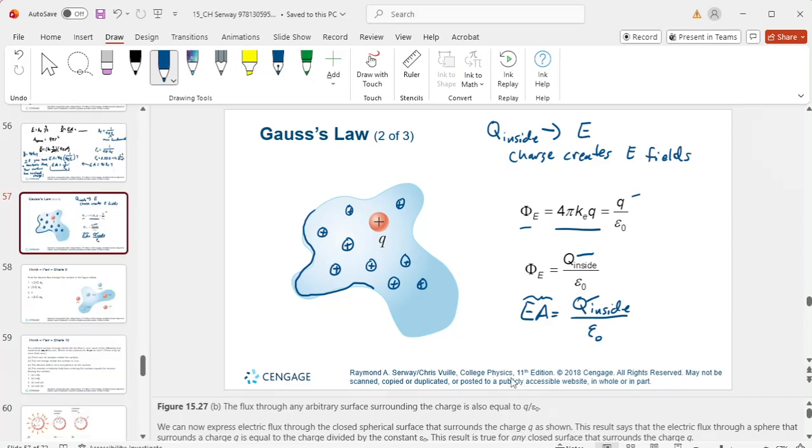So why am I worried about this whole enclosed or inside idea? Okay, let's pause for just a minute before we move on and talk about that. So imagine if I have a box, and I set that box next to a positive charge.